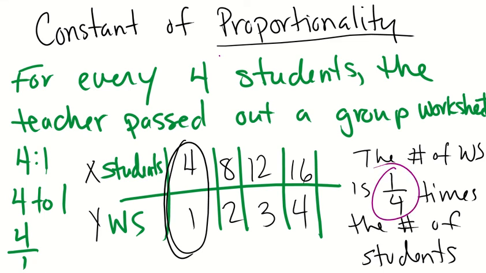And we could write this out that our dependent variable is going to be always 1/4 that of our independent variable. So if we had 12 students, 1/4 of 12 is 3, we would have 3 worksheets, and we can show that right there in our table.